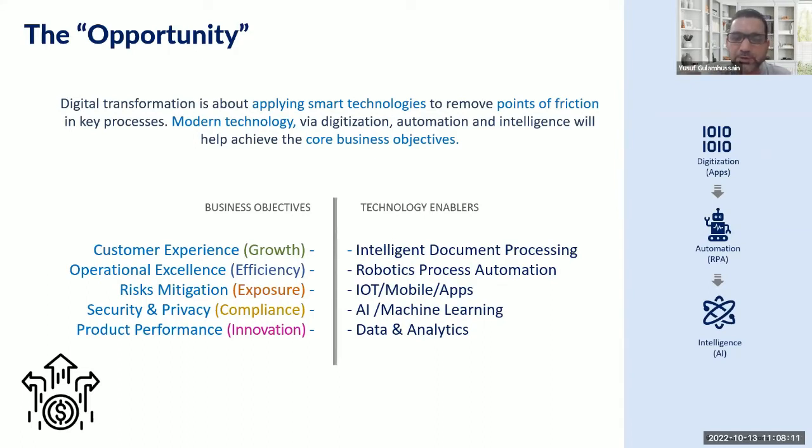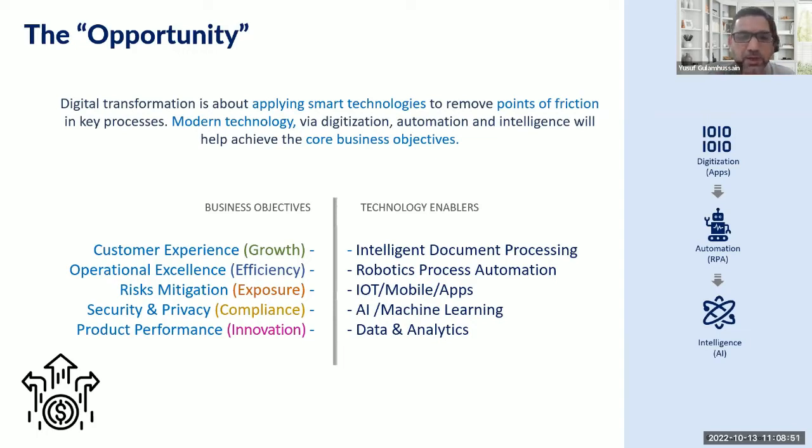If any of these processes are manual, where a human intervention is required, or it's not automated, you first digitize it, then you apply automation to it, and that's very prevalent within the manufacturing sector, where a lot of these repetitive tasks can be automated using RPA, and then infuse that with AI and machine learning. How do we make that whole process smarter? So a combination of digitization, automation, and intelligence is what will help companies achieve their core business objectives.